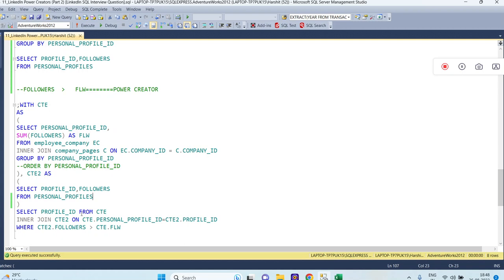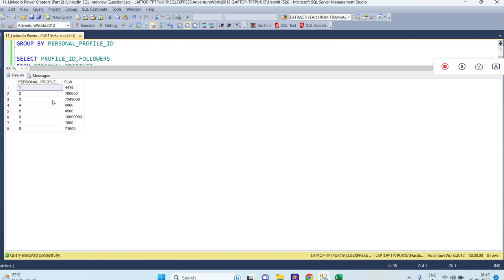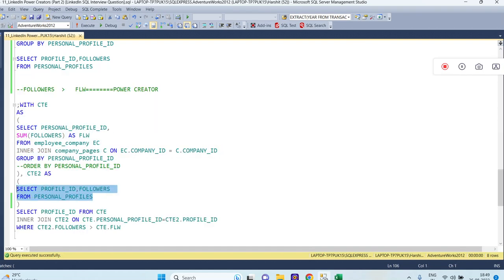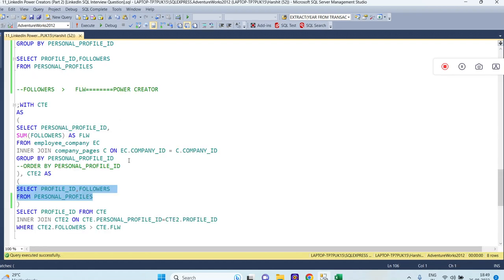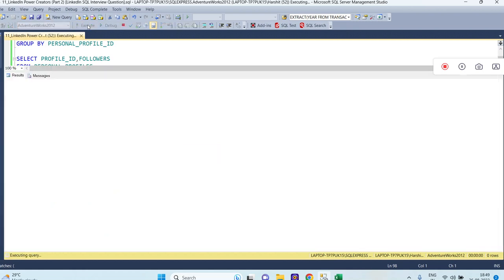The individual follower should be greater than the company they are working for, right? So this personal profile ID and this ID will be the same. Now we need to compare this follower with this follower they are working for.